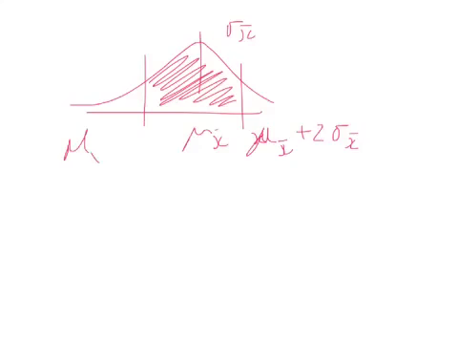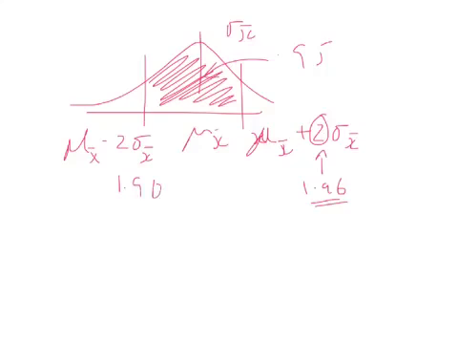The other would be mu x bar minus z sigma x bar. So z represents how many standard deviations the value is away from the true mean. If z is 2, then about 95% of the sample means fall in that range. In fact, the true value, as I mentioned earlier, is 1.96, and then this becomes 0.95. If we use 1.96 standard deviations, we really get 95%. 2 standard deviations is a little more, but we just use that in the empirical rule.